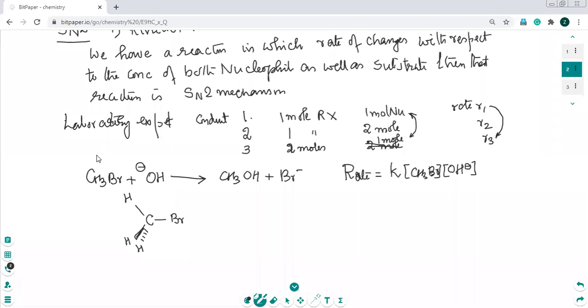Now the OH minus is attracted from the opposite side. Remember, this is a strong nucleophile. Why do you require a strong nucleophile? Because this bond will not be easily broken. This is a strong bond here.